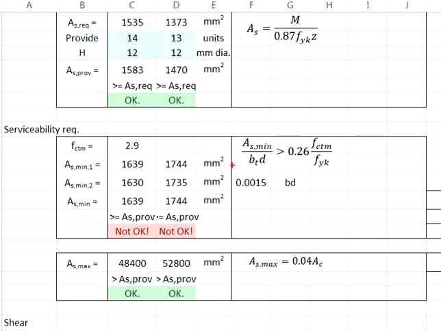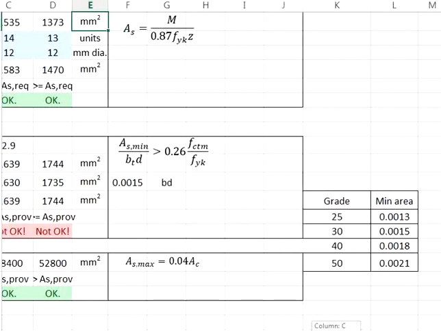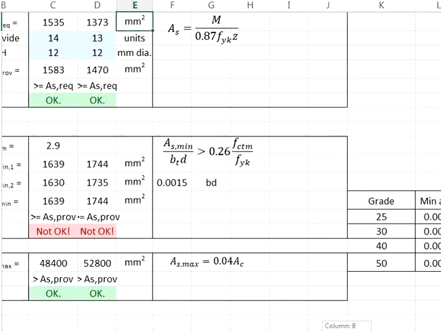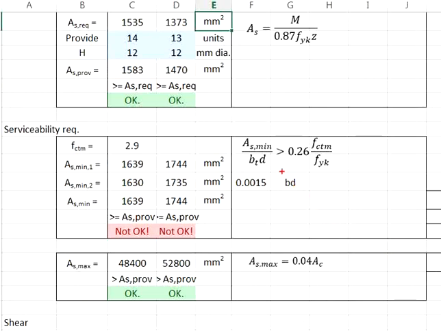And then you may use the ratio for the bd, which is determined on the basis of the concrete grade. As min for grade 30 concrete is about 0.15%. So we use this 0.15% multiplied by the bd. Based on the two As min obtained, the bigger value is used. And we use this to check against the As provided.